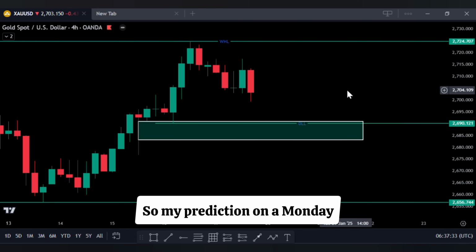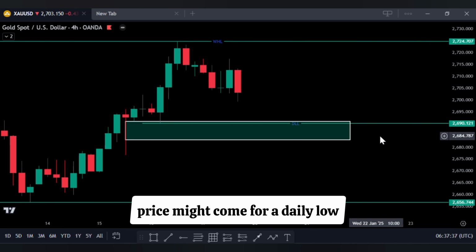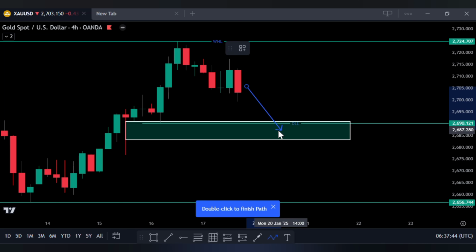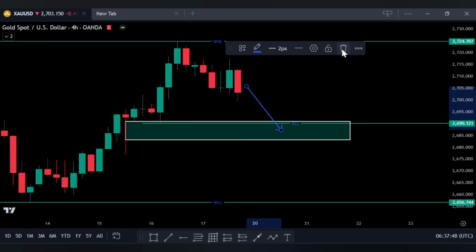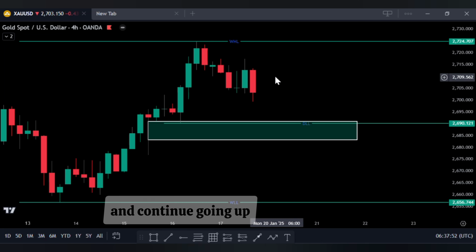So my prediction on a Monday, price might come for a daily low, the past 2 days daily low, around here. Let's come here, then continue going up. That's my prediction. Or price might reach around this zone and continue going up.